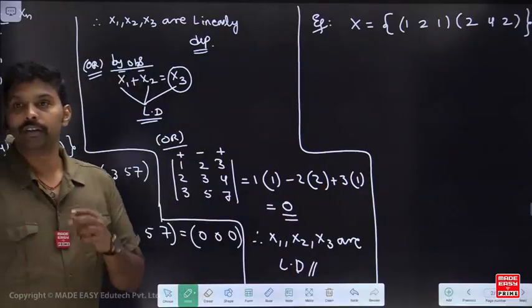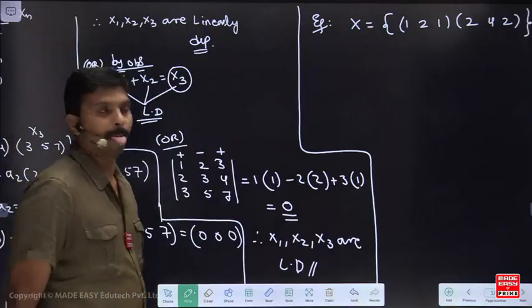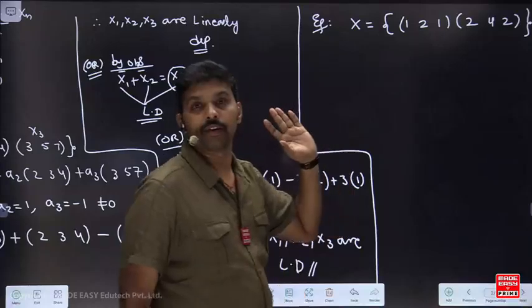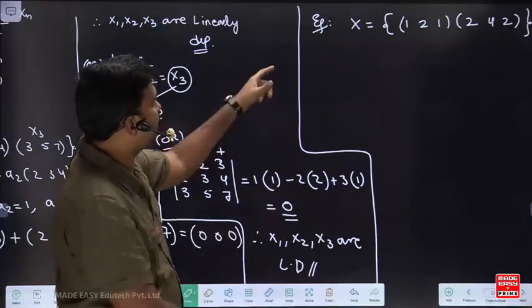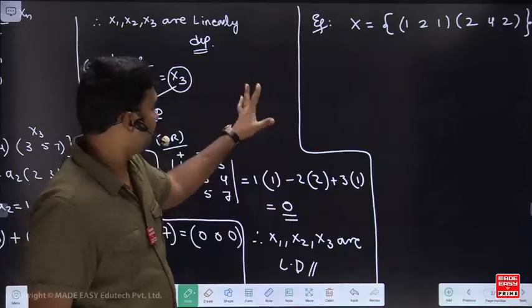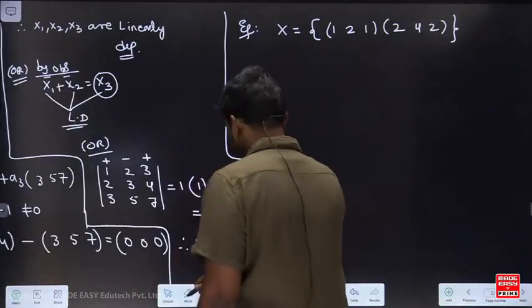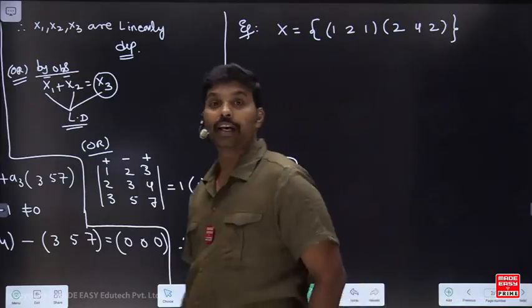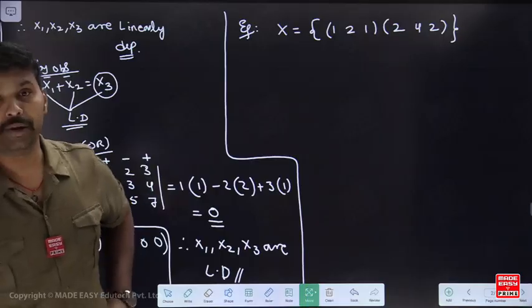Right. 1 2 1, 2 4 2 here. We have only two vectors in this set of vectors. Now, my question is: are they linearly dependent or linearly independent here?